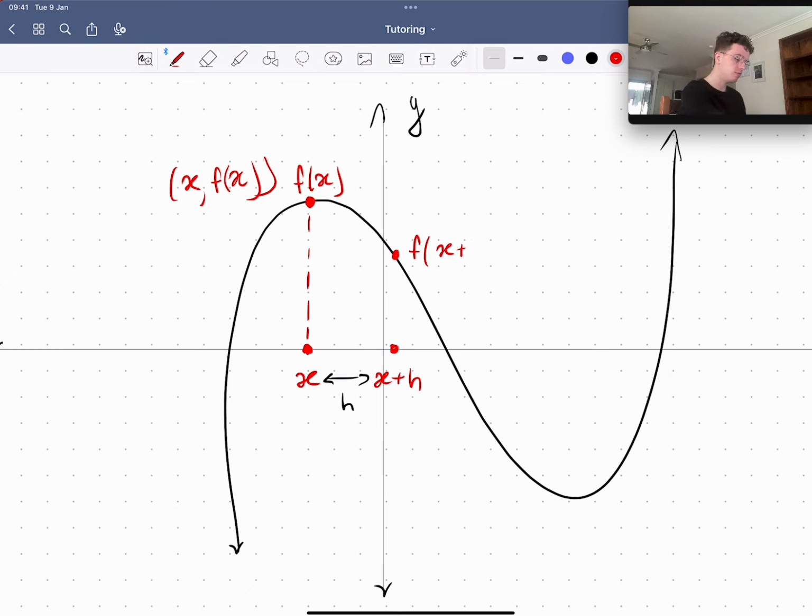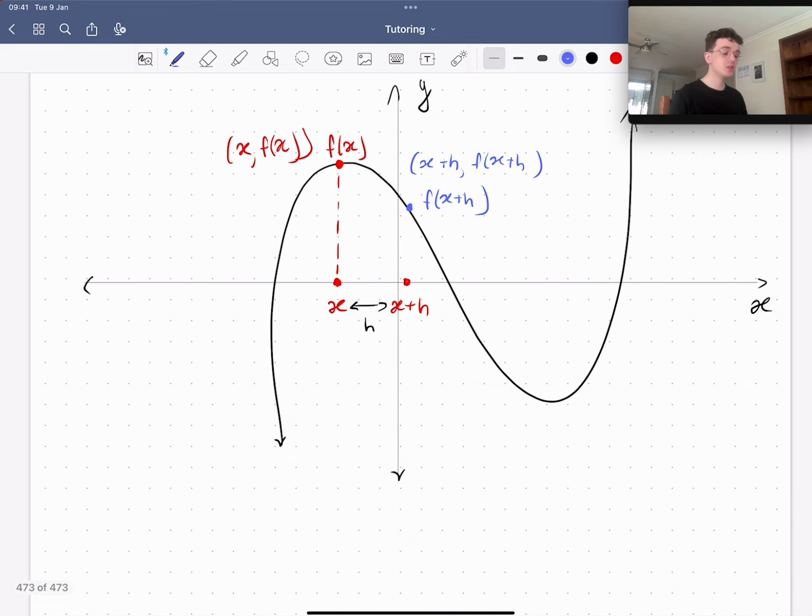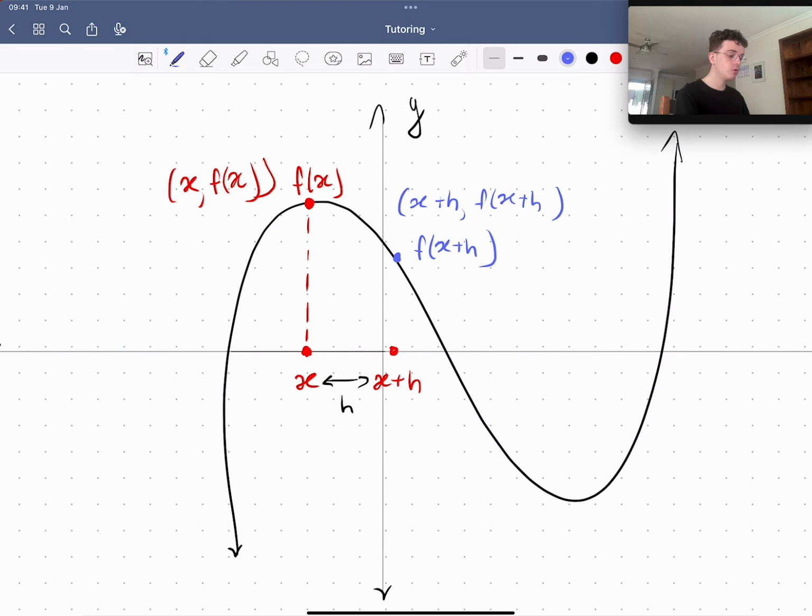So in blue we're going to have the point x plus h, comma, f of x plus h. So we've just chosen 2 points, and we're going to calculate the gradient between those 2 points of a line.